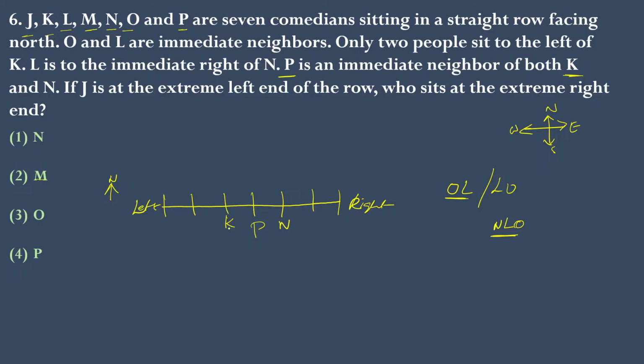P is immediate neighbor of K and N, immediate right of N is L, and L and O are neighbors.